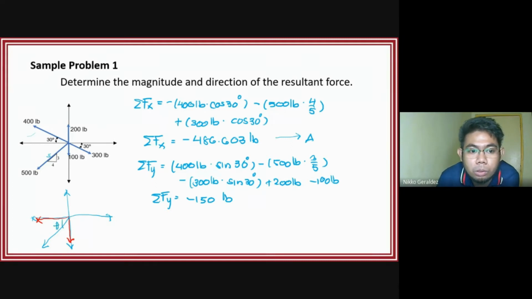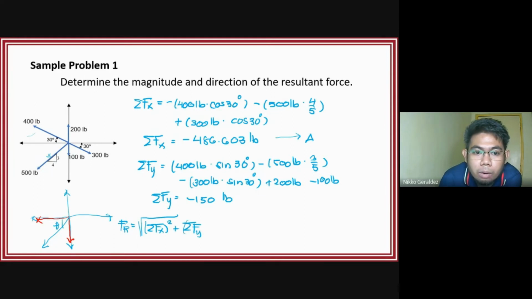So, to solve for resultant force, formula natin, FR is equal to square root of summation of forces along X squared plus summation of forces along Y squared. Substitute mo lang.